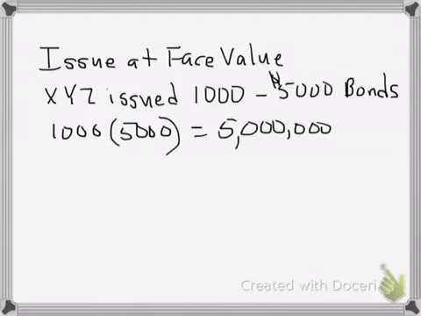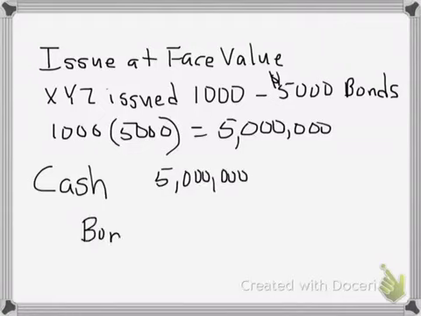And so when we look at this particular journal entry, we have cash coming in at that $5 million, and we owe this money. It's a liability, and that liability is called bonds payable, for the $5 million.